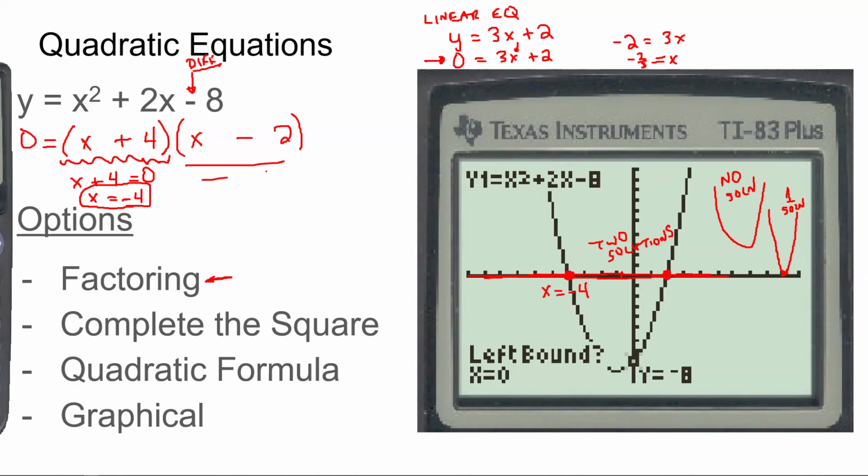To get the other one, of course, we're just going to take the other binomial, set that equal to 0, and there x minus 2 is equal to 0, add 2 to both sides. My other possible solution is x equals 2. Here's x equals 0, x equals 1, x equals 2 would be that other point right there.